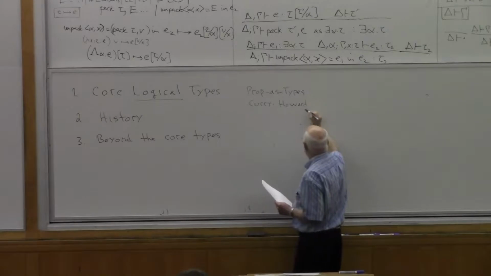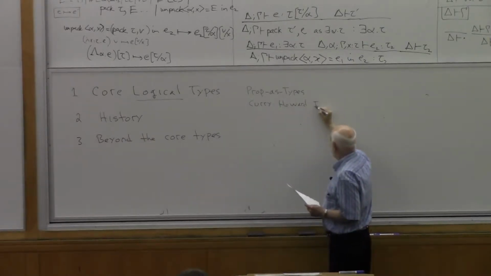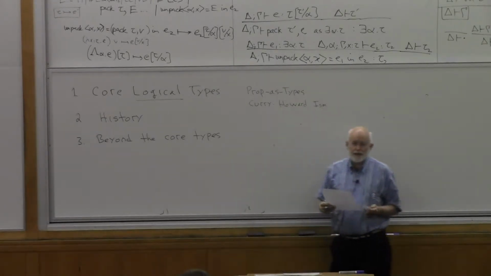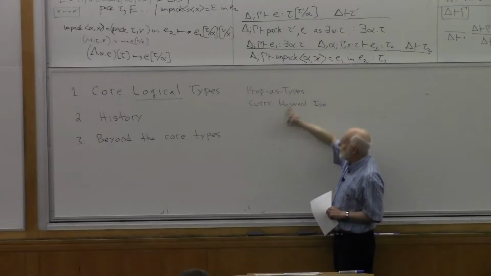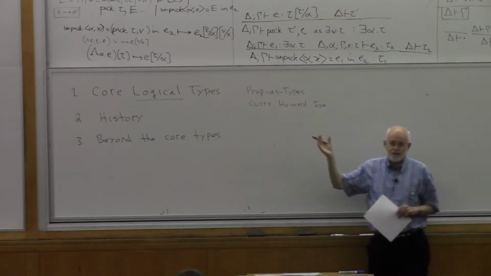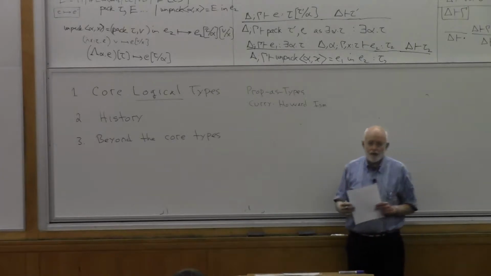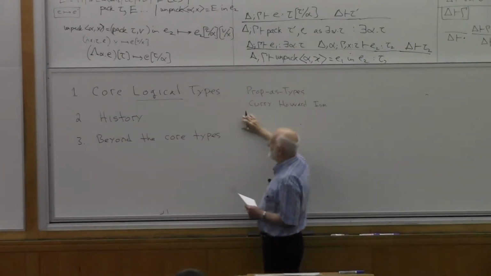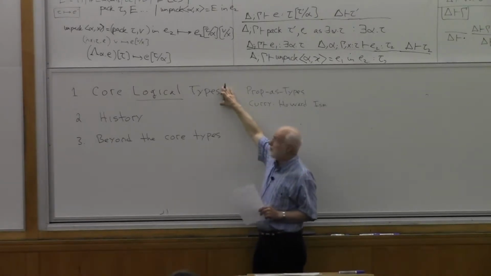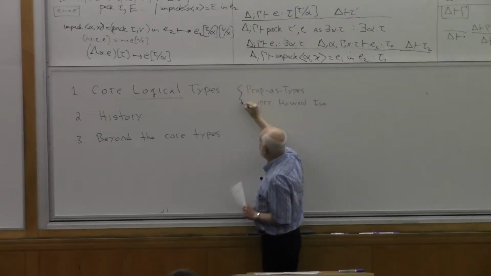That's my least favorite name because it's not really an isomorphism, but that's okay. And it has several other names, and probably there are 20-some people. The book called The Curry-Howard Isomorphism traces the history and credits about 20 people with coming up with this idea. But it's all about these types, the core logical types.